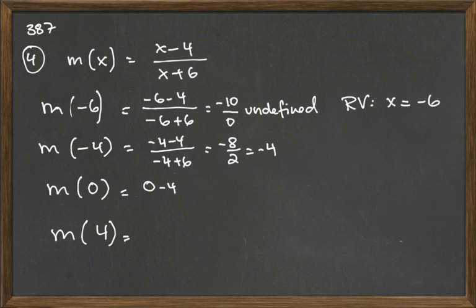M of 0: 0 minus 4 over 0 plus 6 is negative 4 over 6. Now that can be reduced to negative 2/3. And what is m of 4?